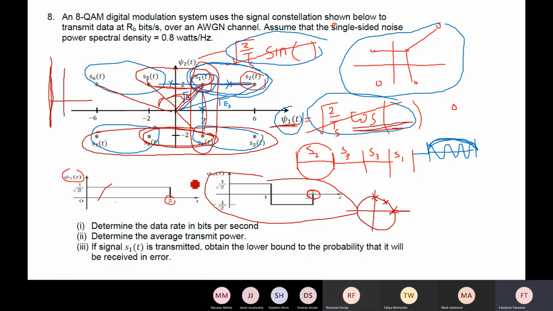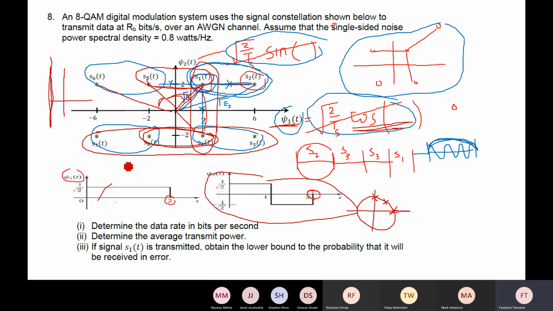Let's take this psi1 and this psi2, and multiply them. Between 0 and 1, we have 1 upon root 2 times 1 upon root 2, which gives us 1/2. Between 1 and 2, we have 1 upon root 2 times minus 1 upon root 2, which gives us minus 1/2.